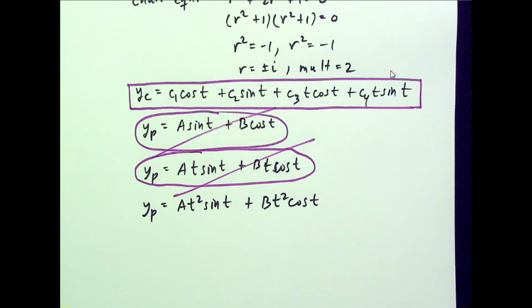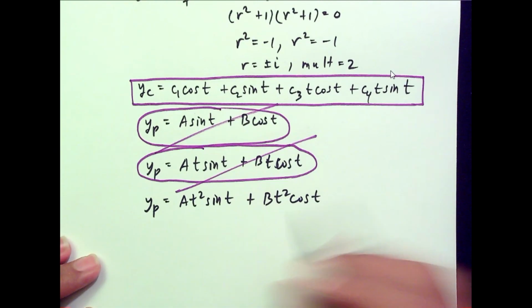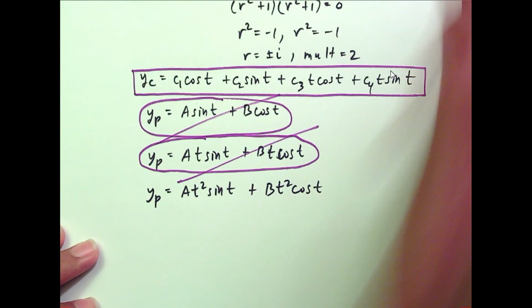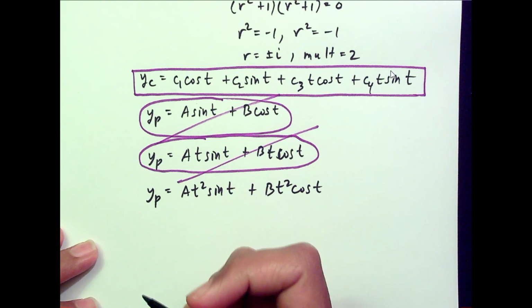Okay, so taking it from there, let's find the derivatives and plug them into the DEQ. Now, this is going to take a while because we have to take the derivative 4 times. Okay, so take a deep breath and let's get to work.